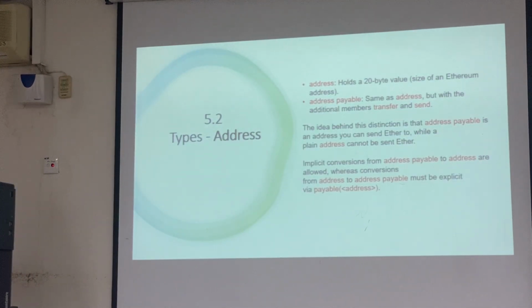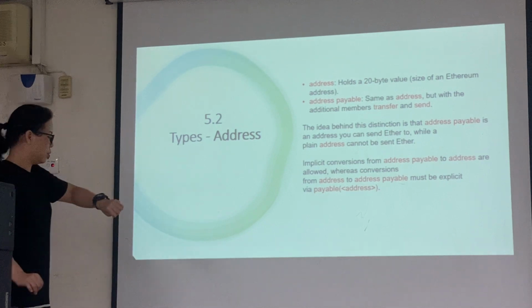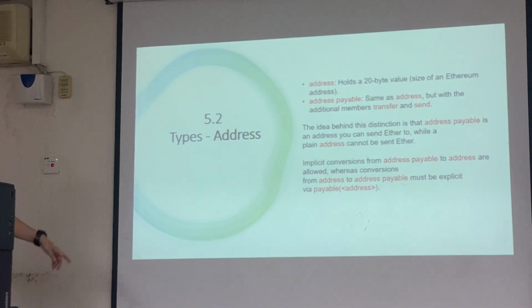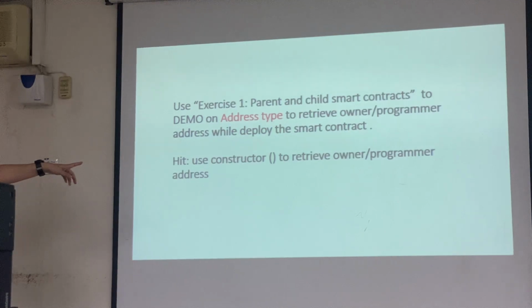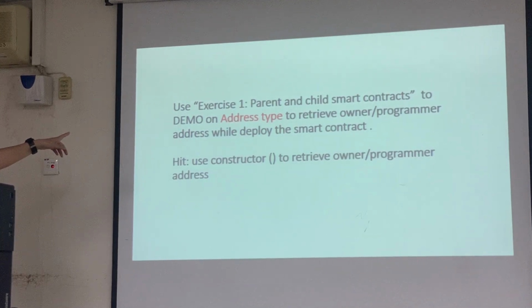So next week, we will come to using the address. Just now you saw I'm using the address data type to store the parent contract address. Then I will teach you address payable and address. Okay. Then I will demo the address for you.